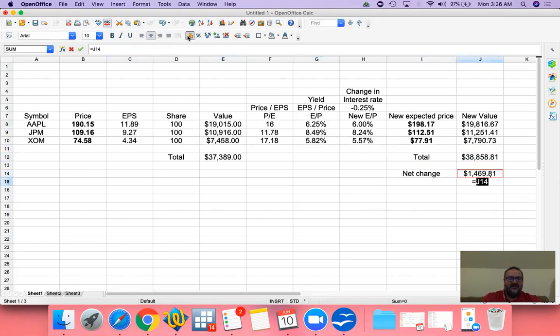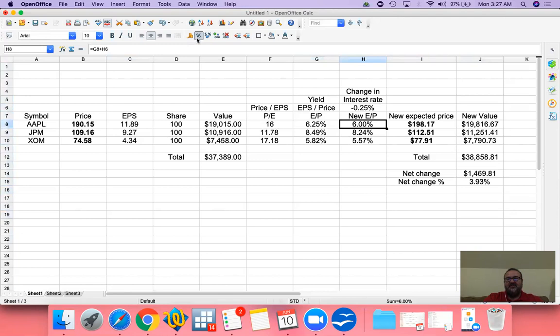And then if we were to take the percentage change of this, this will be an impact of about 3.93% net change percent. So overall, if the Fed were to decrease the interest rates by 0.25%, we would expect stock prices to increase.